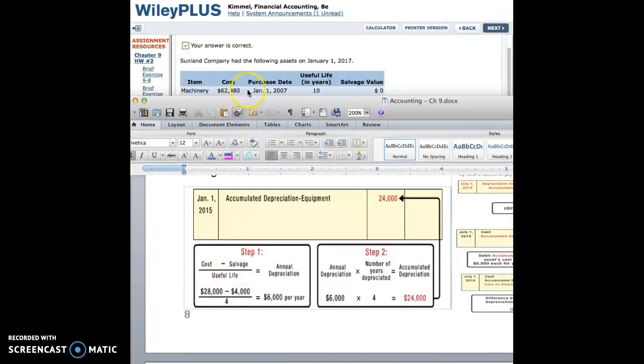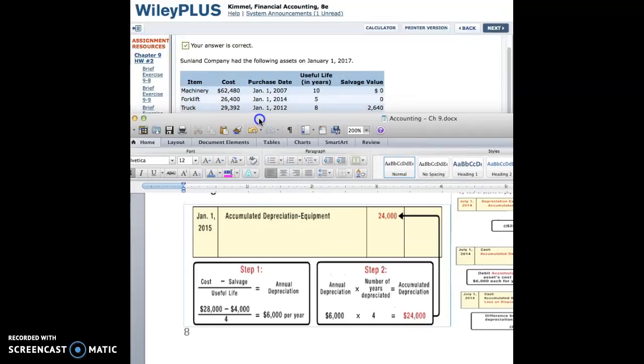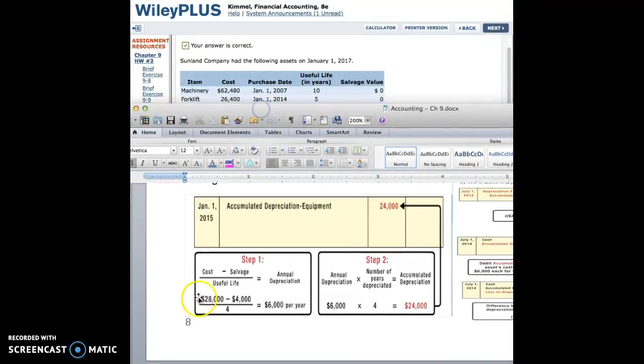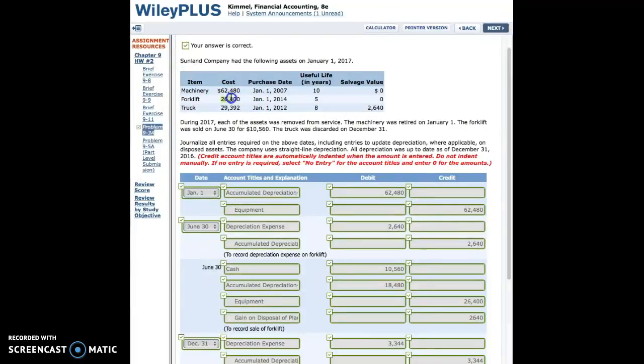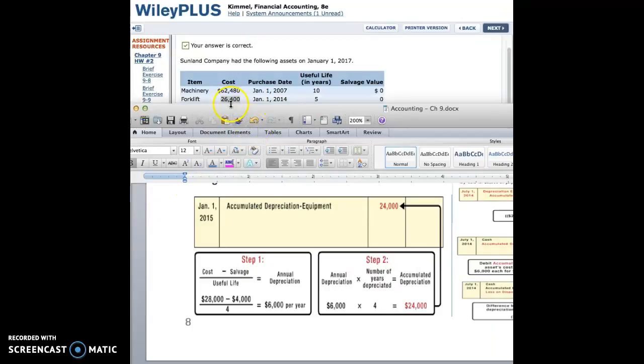The first step is we take the cost here, right here, and then we minus the salvage value, which is 0, and then we divide by the useful life, which is 5 years.